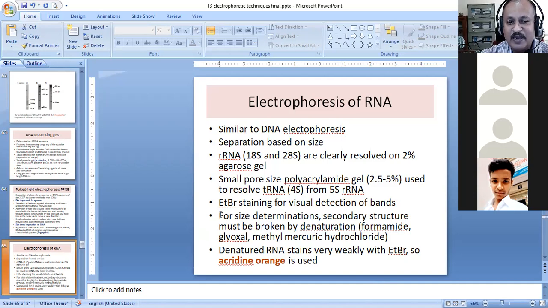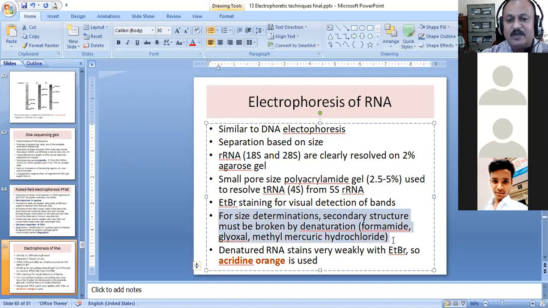So these names are already written on the slide here. Okay, so these denaturants are used within the gel. Okay, sometimes the buffers also contain urea and formamide, and under this condition the RNA molecules are not allowed to undergo secondary structure. Is it okay?